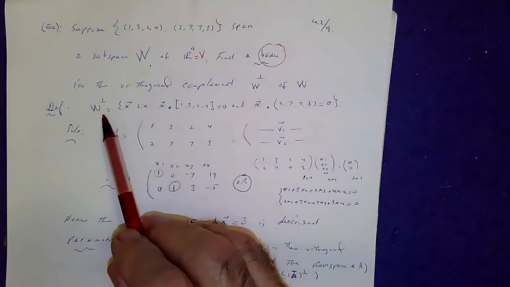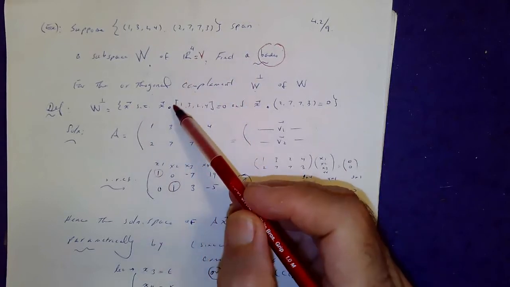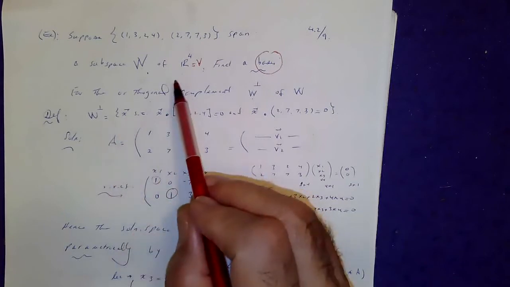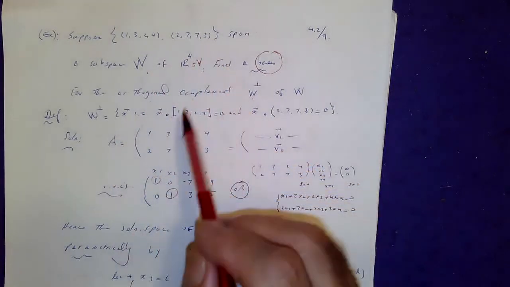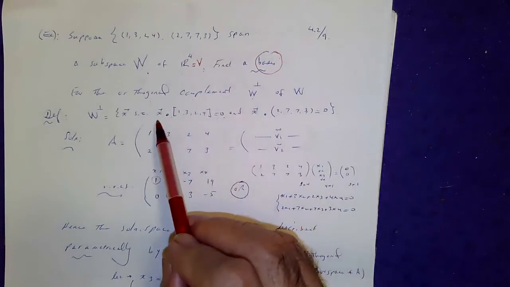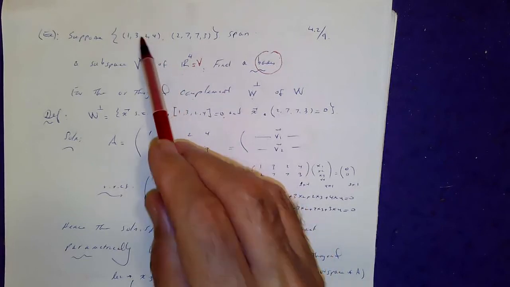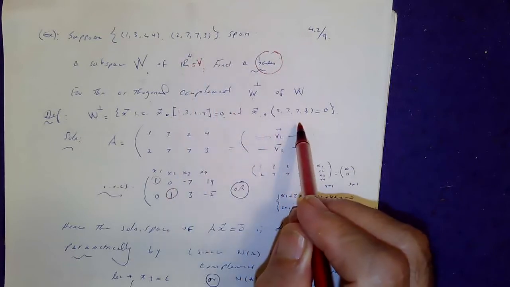Remember what the orthogonal complement is. A set of vectors such that you take the dot product of those vectors, which you select in the orthogonal complement, which happens to be a subspace of Rn, and you should get 0. In other words, the set of all vectors dotted with this guy should be 0, and dotted with the second guy should be 0.